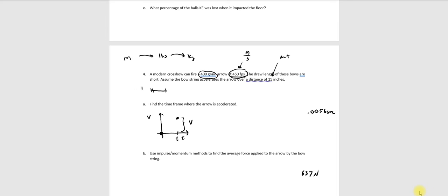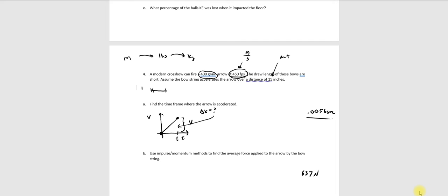Then you make your constant acceleration assumption. And remember, there are two types of equations you can write, one for distance, one for acceleration. I would go ahead and use the one for distance, the displacement, the delta x for the arrow. How does that relate to this graph? That's going to allow you to write an equation, and you should be able to get the time out of it. I got 0.0056 seconds when I worked it.